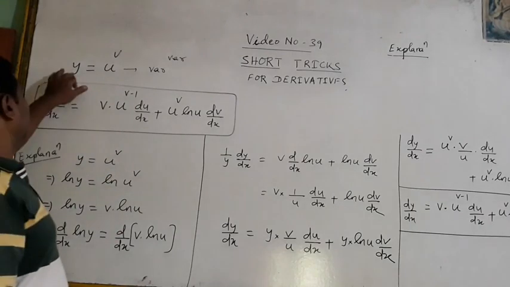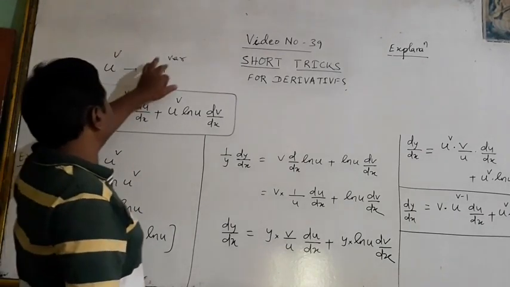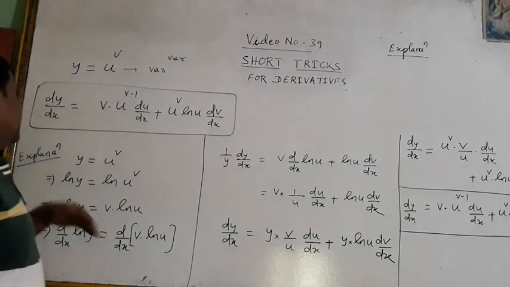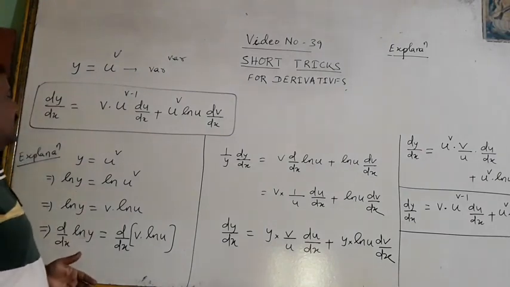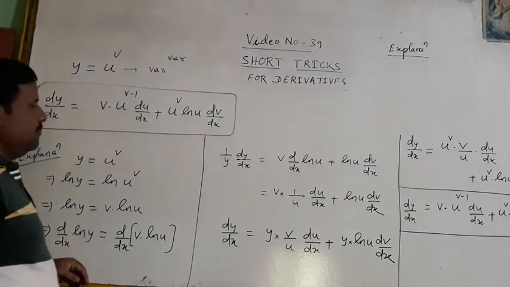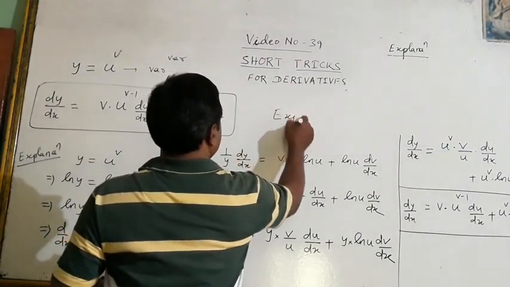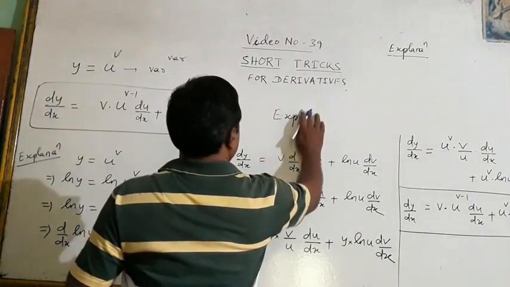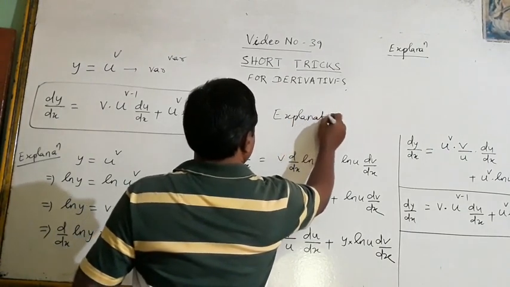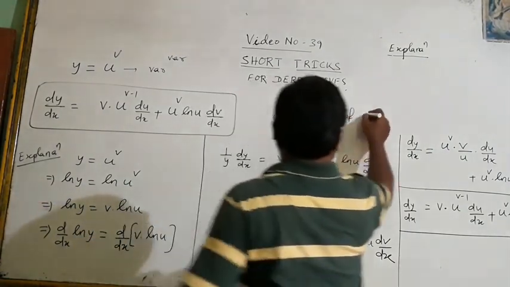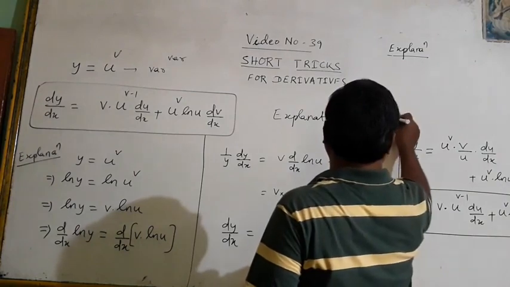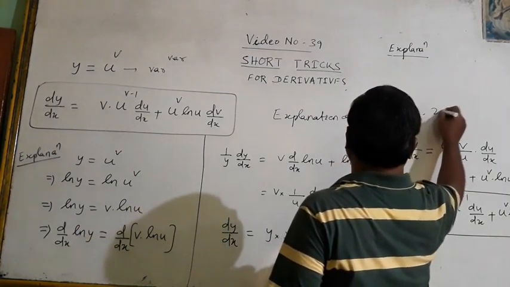Now for y is equal to u to the power v, that is, variable to the power variable, I have told you in my previous explanation, video number 20.